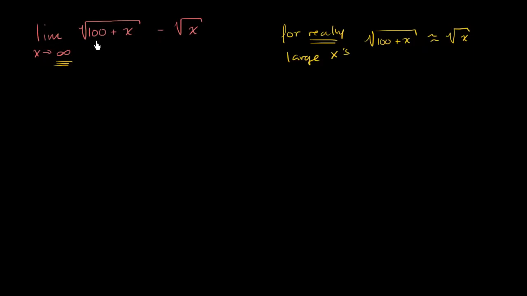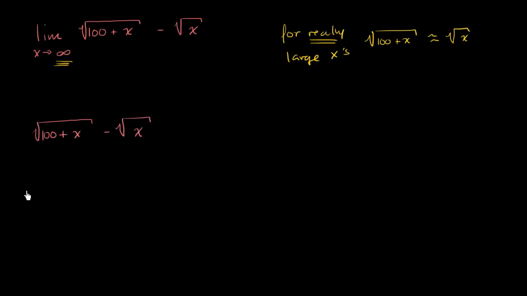But let's actually do some algebraic manipulation to feel better about that, instead of that kind of hand-wavy argument about the 100 not mattering as much when x gets really large. So let me rewrite this expression and see if we can manipulate it in interesting ways. So this is the square root of 100 plus x minus the square root of x.